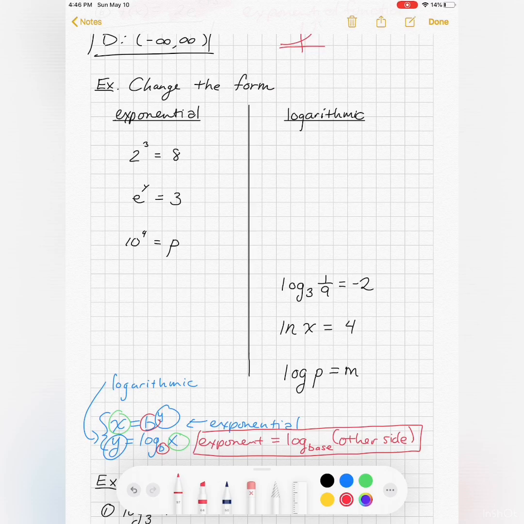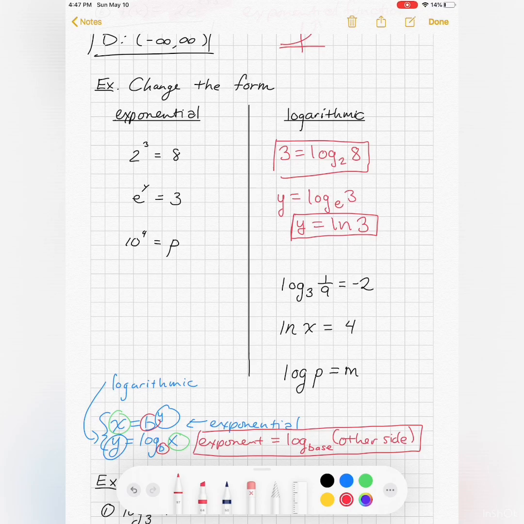So if I'm looking at these first few up here, these guys are in exponential form. So to write this in log form, I'm going to use that rule. So the exponent is the log. The base is 2 of 8. This guy would say the exponent, y, is the log base e of 3. But then remember, log base e, we write that as ln, natural log of 3.